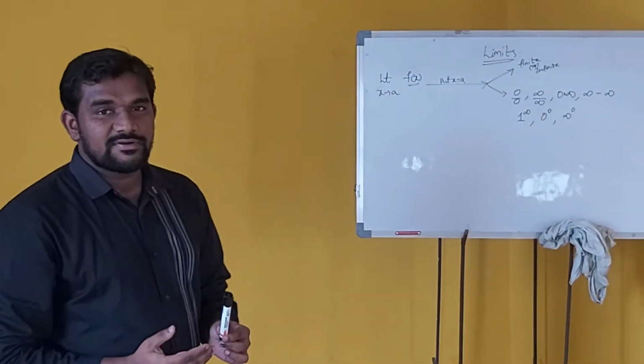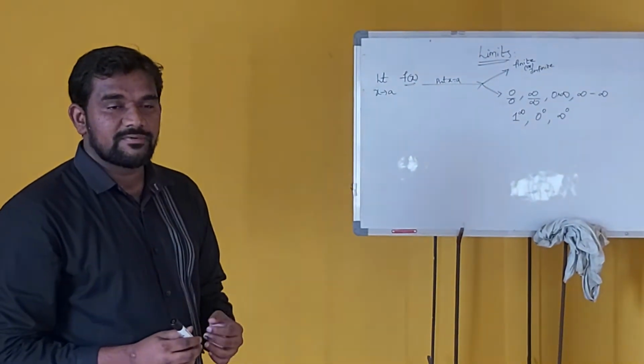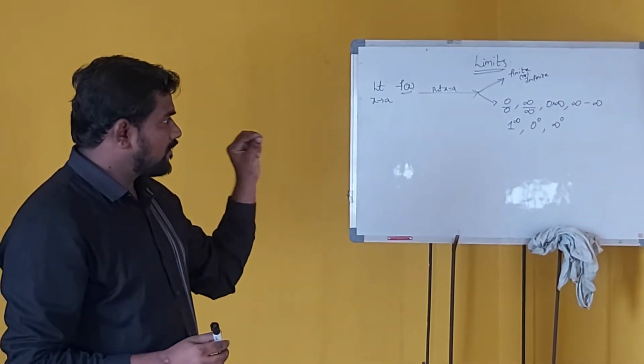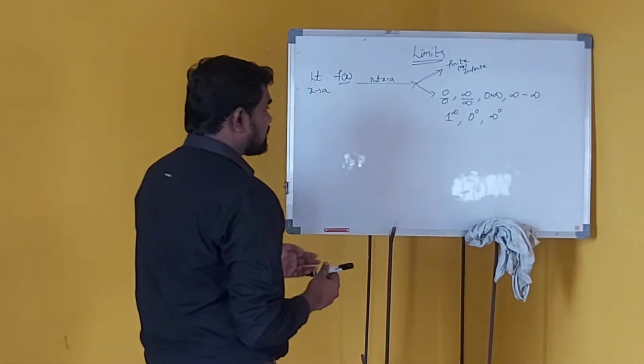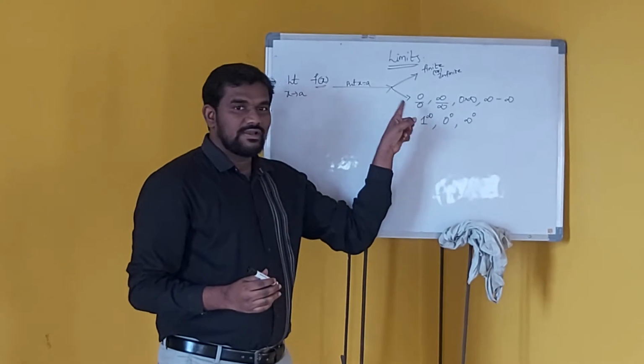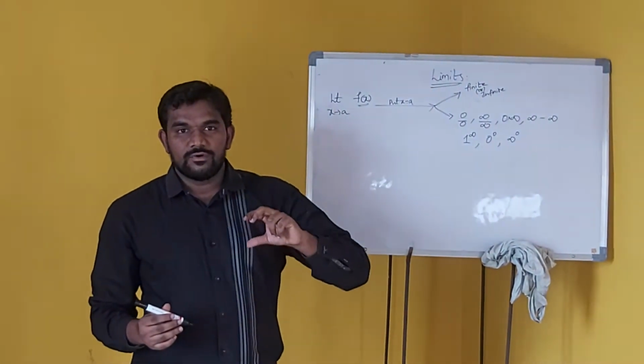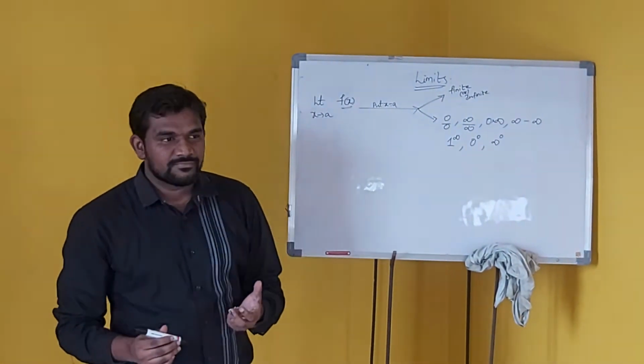Why are they indeterminate forms? We have a separate proof for that. I'm not going to discuss why they are indeterminate forms, but I am going to discuss how to solve these indeterminate forms, what to do if we get an indeterminate form.